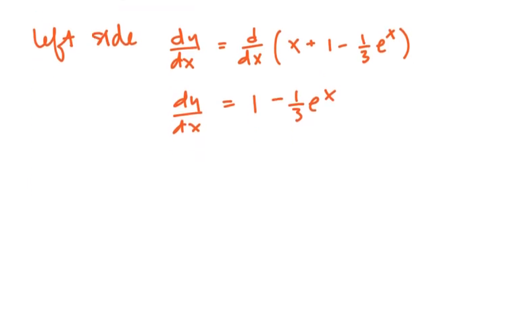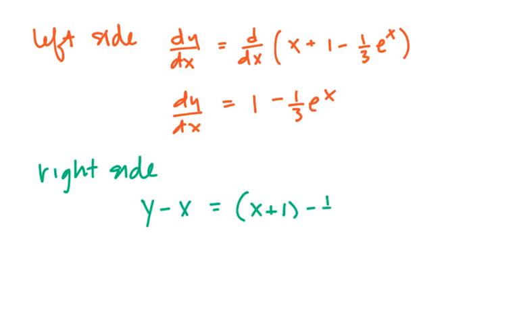Thinking about the right side, my right side of the equation is y minus x. And what is y minus x equal to? Well, the y, which was originally given, our original function, is x plus 1 minus 1/3 e to the x.